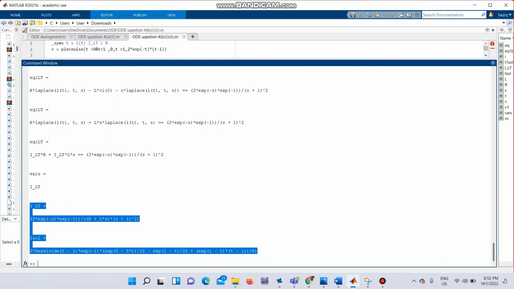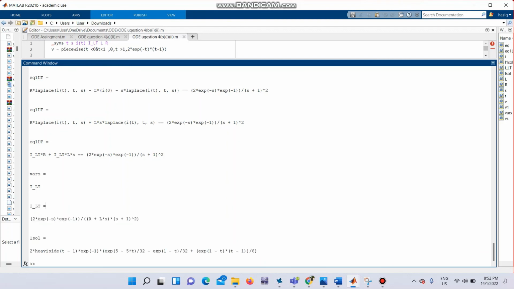The last answer is I sol equal to 2 multiply heaviside bracket t minus 1 multiply exponent bracket negative 1 multiply exponent 5 minus 5 multiply t over 32 minus exponent bracket 1 minus t over 32, and plus bracket exponent 1 minus t multiply t minus 1 over 8.